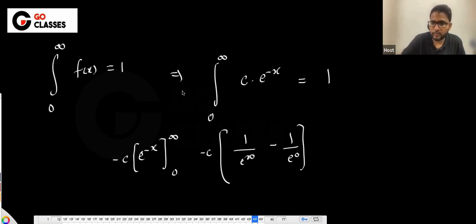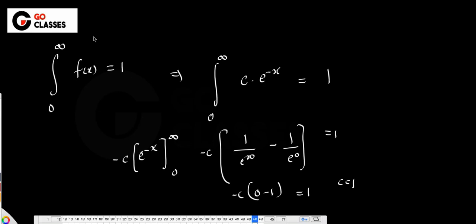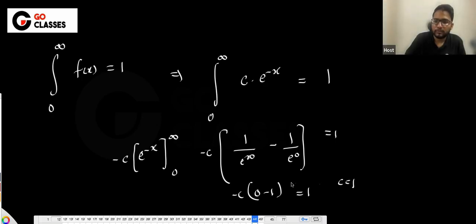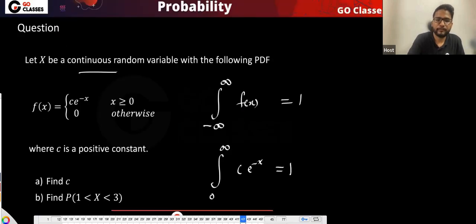So 0 minus 1, into minus c, is 1, and c is coming out to be 1. Is this correct? Just verify it quickly. So the value of c is 1.